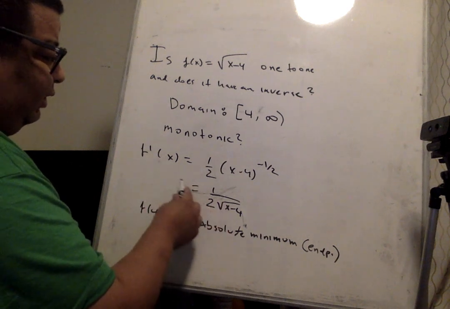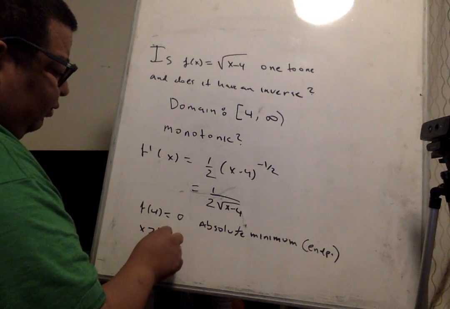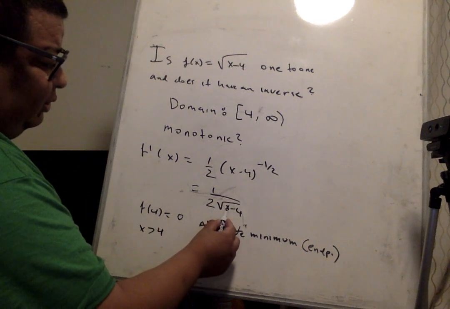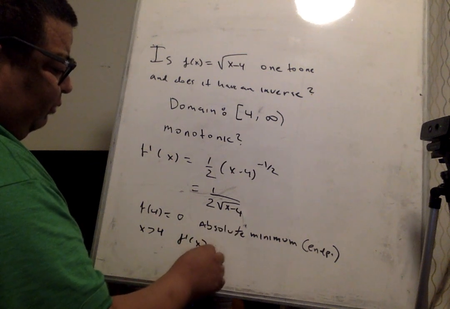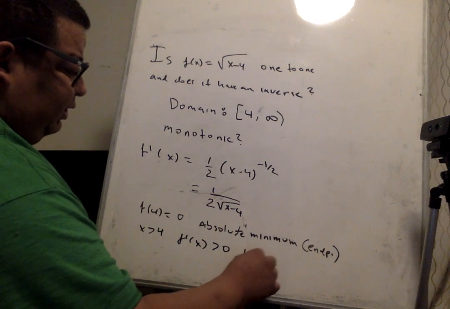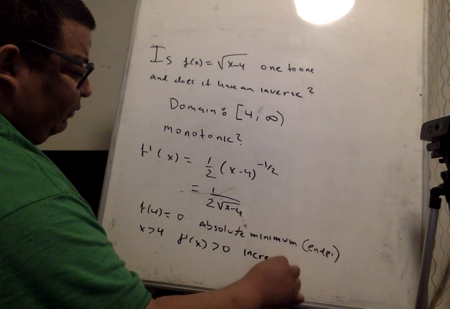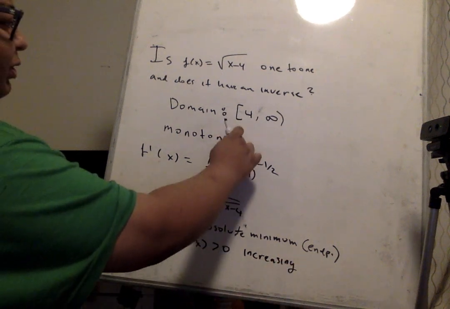But then we need to take care of anything above. For x greater than 4, we notice that this becomes positive, so f prime of x is greater than 0. That means it's increasing. So is this monotonic?